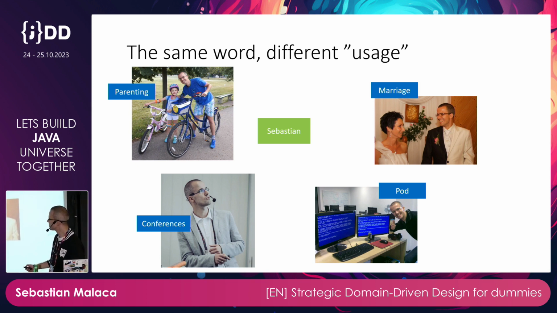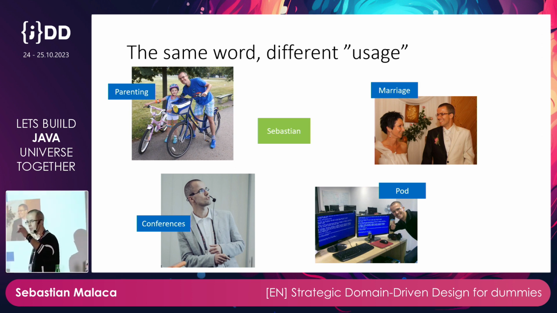If I'm with my daughter, with my wife, in my pod at the conference, there are different types of interaction. And to be more precise, even the name of the interaction can be interpreted differently within different contexts. If I tell my daughter, let's draw something, she will think about new Marvel comic book characters.